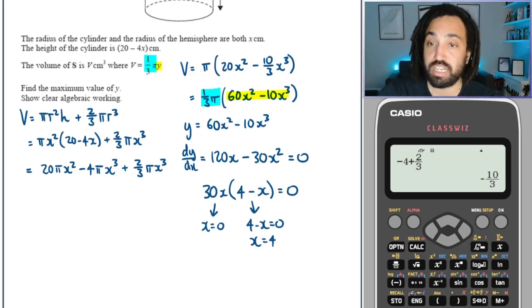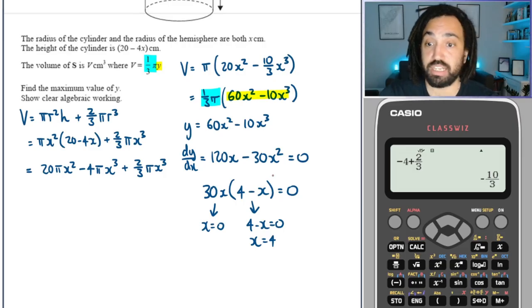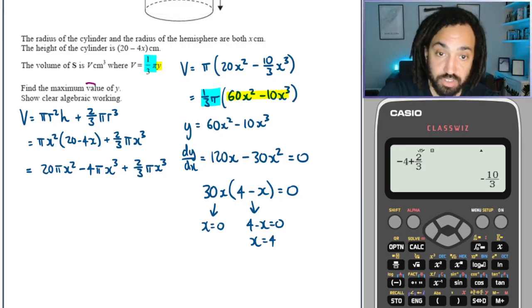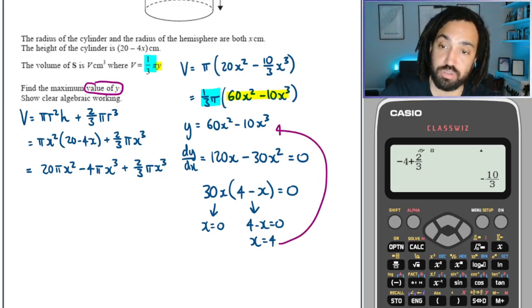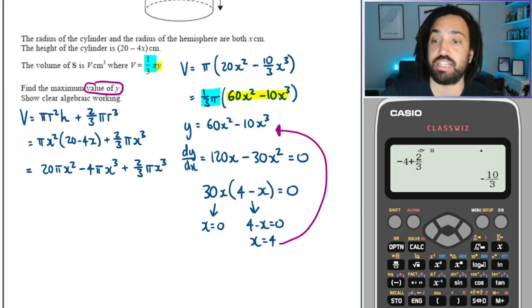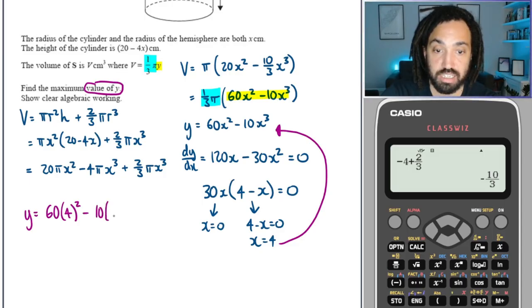Okay, great. And a lot of people think, woohoo, I've solved the question, 6 marks in the bag. But in fact, they asked for the maximum value of y and not of x. So we need to substitute this back into the formula for y in order to actually solve the question. So y is equal to 60, open brackets, 4 squared, minus 10, 4 cubed.